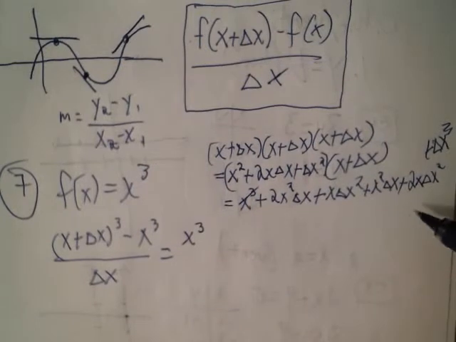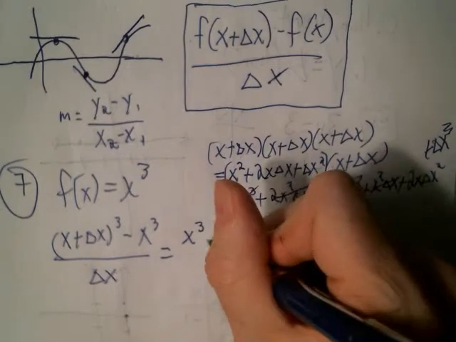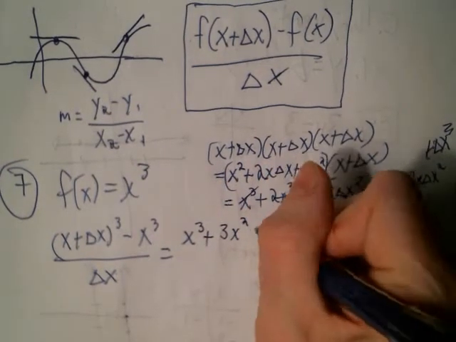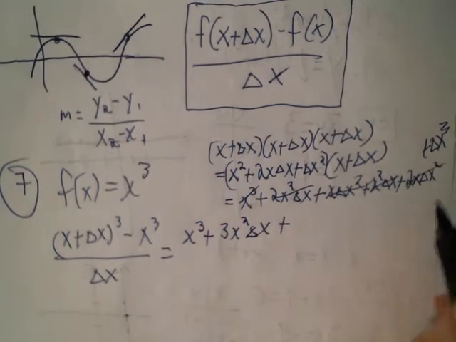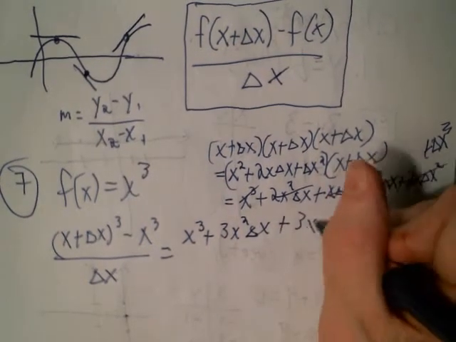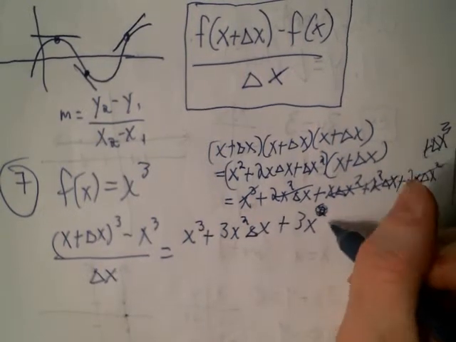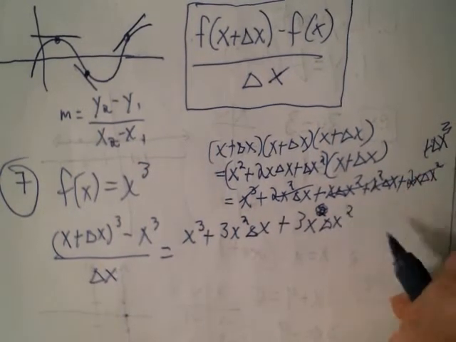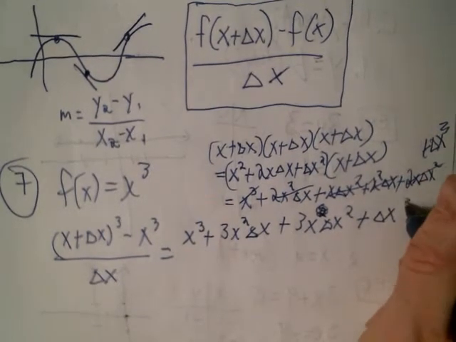Do I have any more x squareds? Let's say I have 3 of them. 3x squared change in x, and then there should be another 3 of them, right? So from Pascal's triangle, 3x squared change in x plus 3x change in x squared, and then finally plus the change in x cubed.